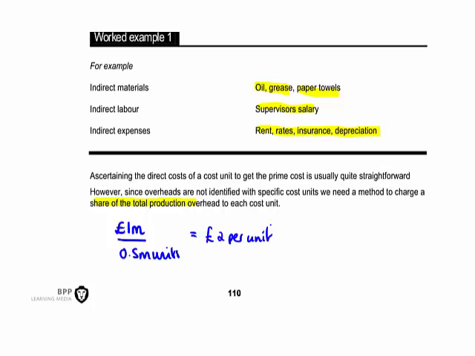That's very simplistic if we've just got one type of overhead and one production unit. But that's the basic premise of what we're doing, is we're sharing out the overheads between the number of units. What we're going to see now then is that we have to work out how to get to that 1 million and how to get to the 0.5 million. So we're going to work through a diagram in section 2 of the absorption costing steps.